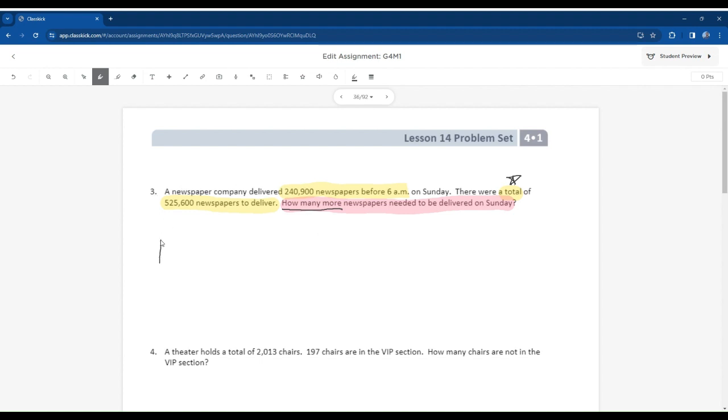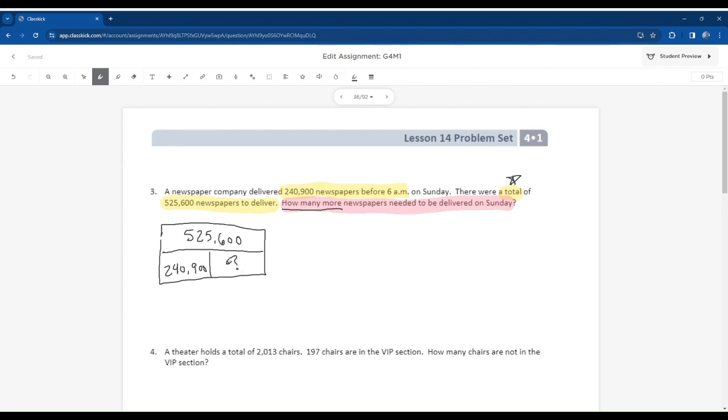So we have our total number of newspapers that needs to be delivered on Sunday, which is 525,600. Some newspapers were already delivered before 6 a.m., and that was 240,900. And what we don't know is the leftover amount.